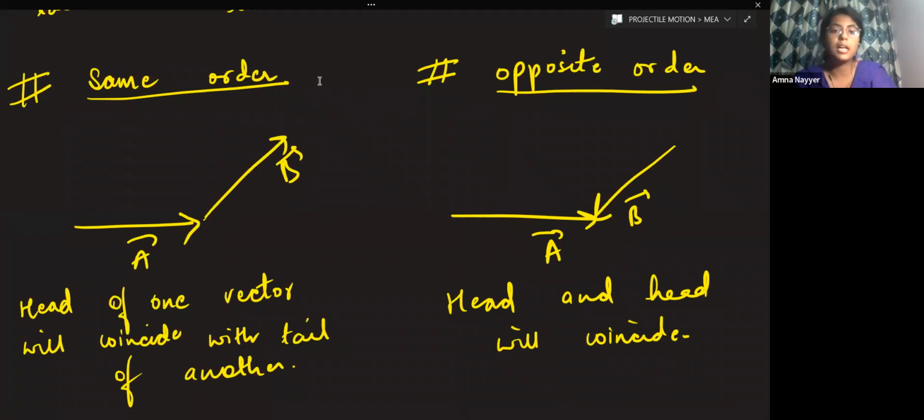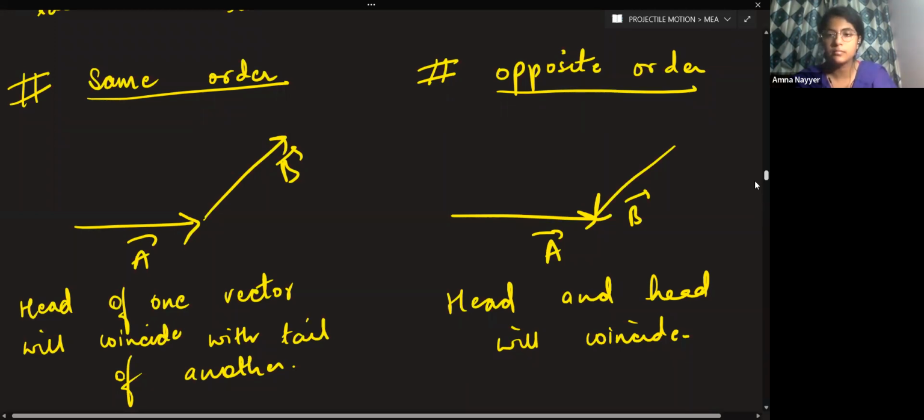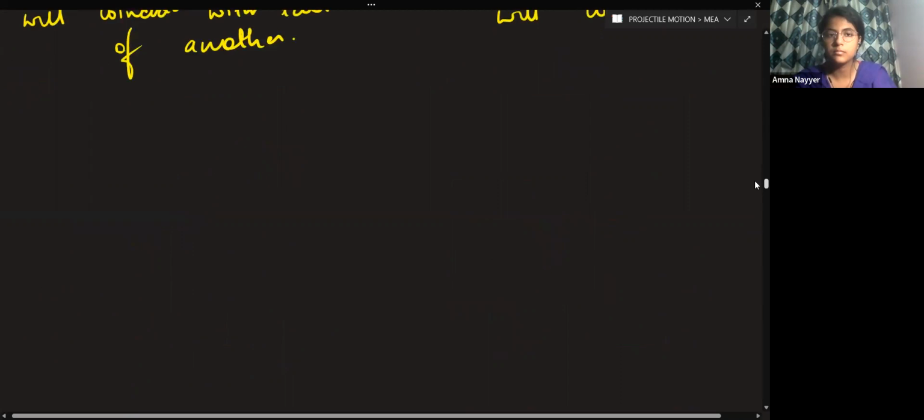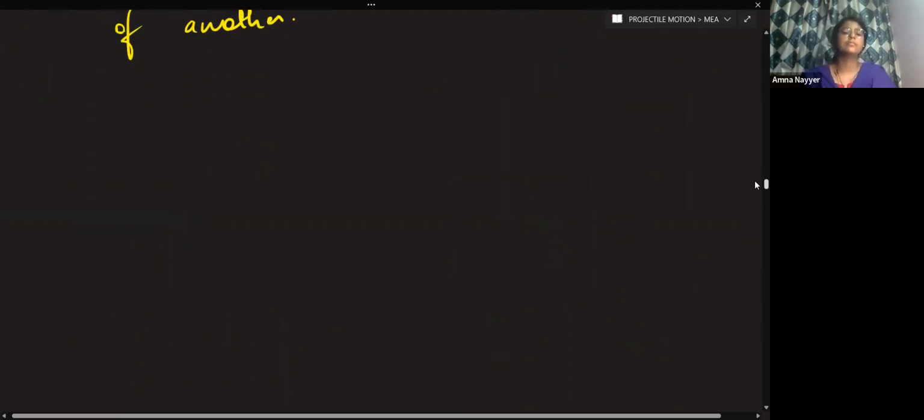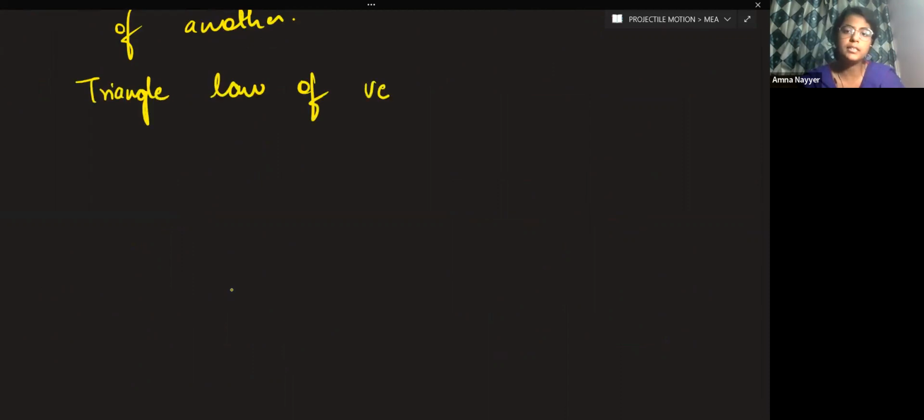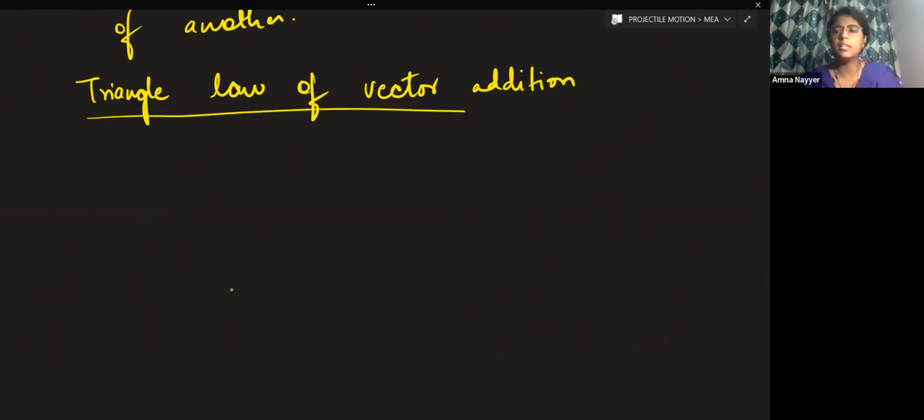Now the actual triangle law of vector addition. Just remember the law statement, it is sufficient for you. The final formula for the direction is exactly the same as what we have been doing.